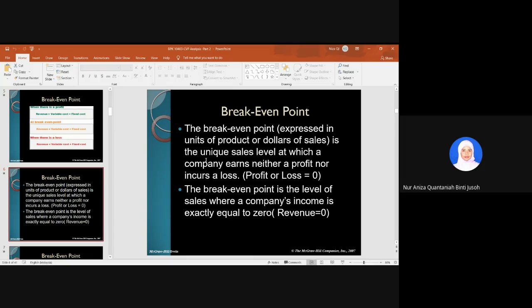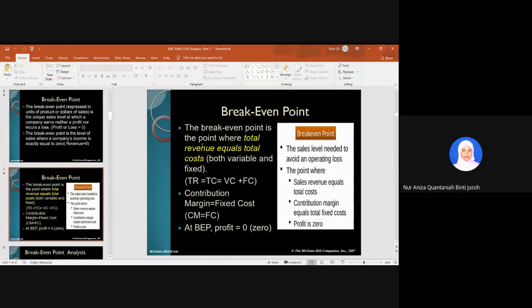So the break-even point is the level of sales when the company's income is exactly equal to zero. So you can express the BEP either in quantity or in dollars. So this is just the explanation of the BEP.